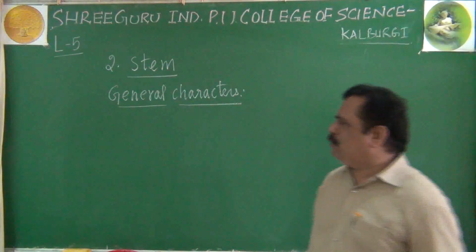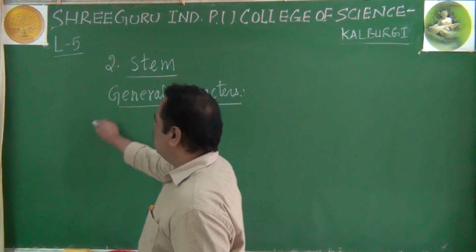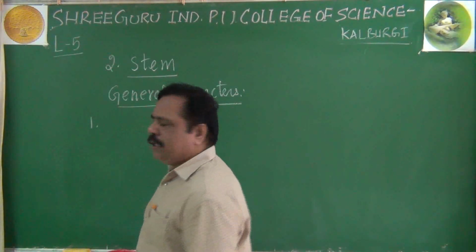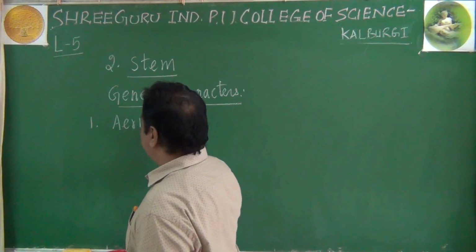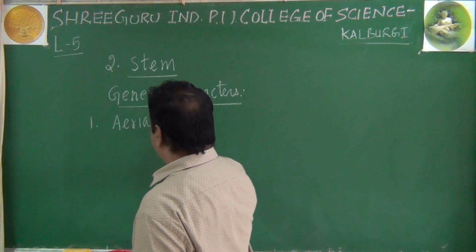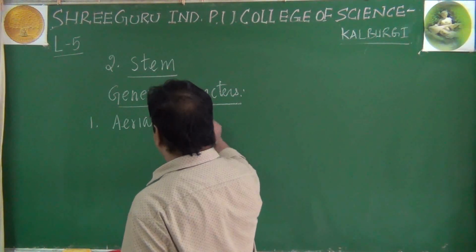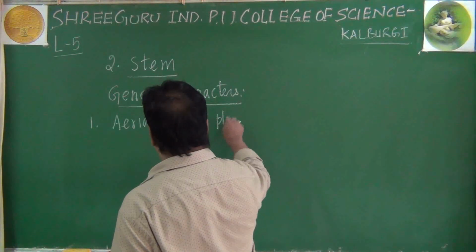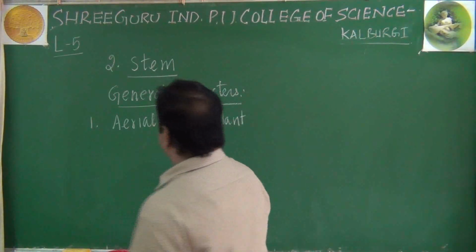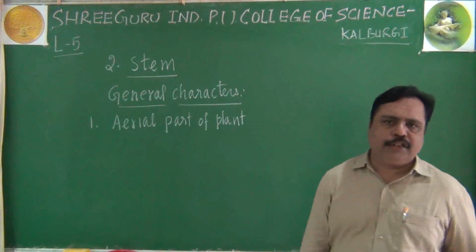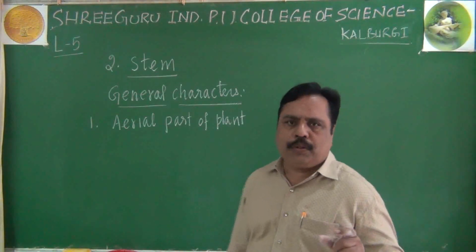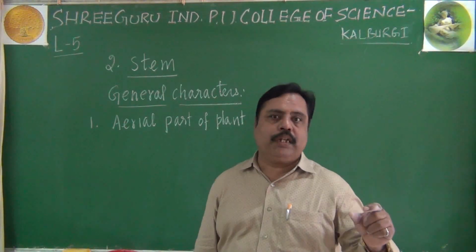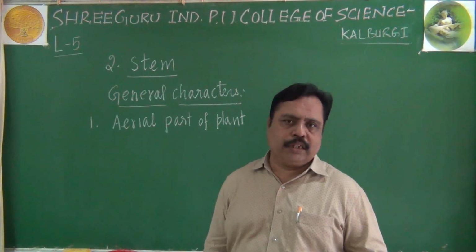A stem of the plant or angiosperm can usually be described as the aerial part of the plant body. The aerial part of the angiosperm is called the stem. In root I told you it is an underground part, a subterranean part we have discussed.